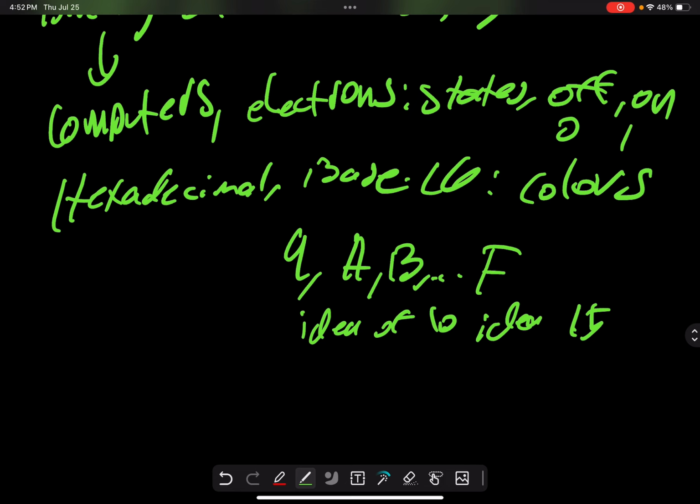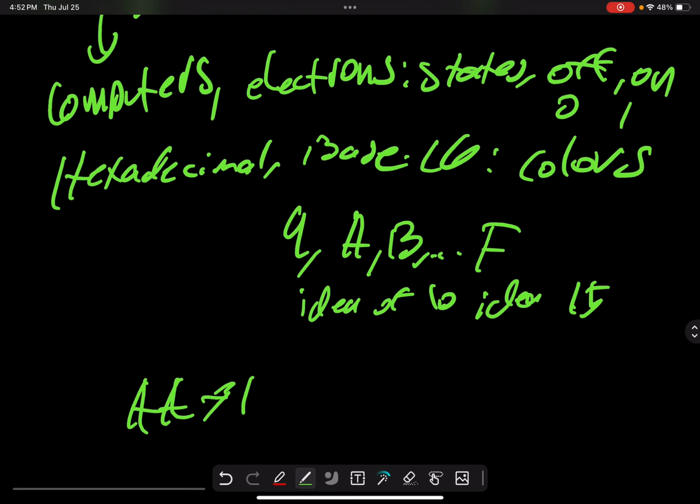So, quick example, let's do AA. AA represents 10 times 16 plus 10 times 16 to the 0, since A is 10.